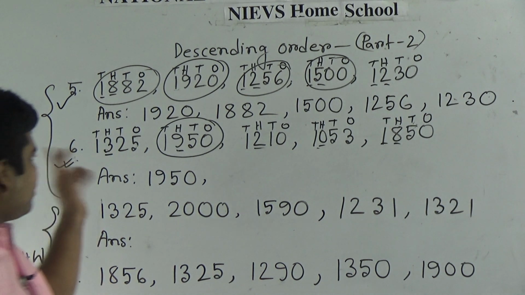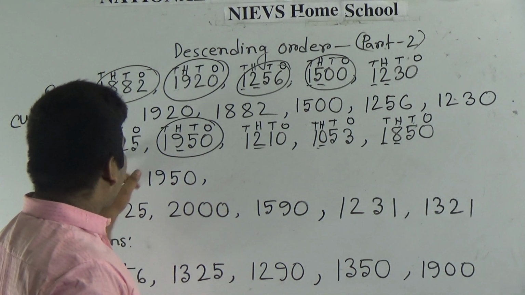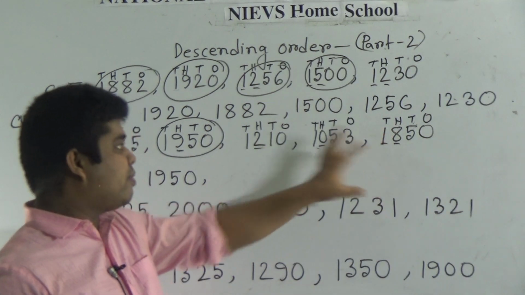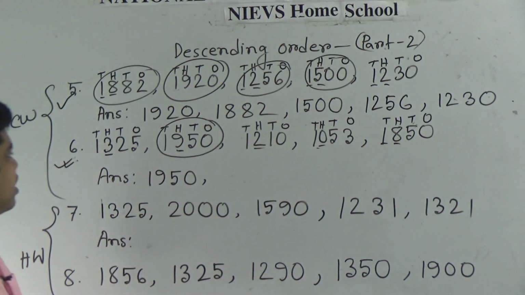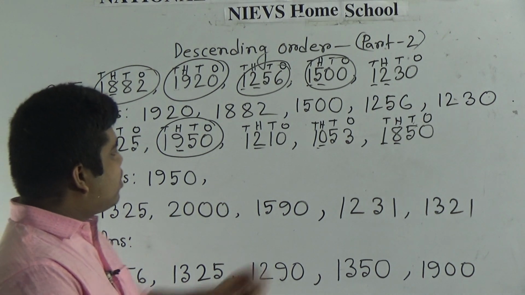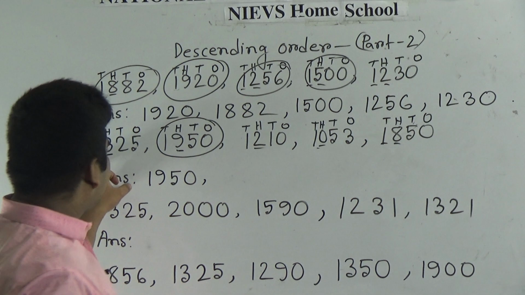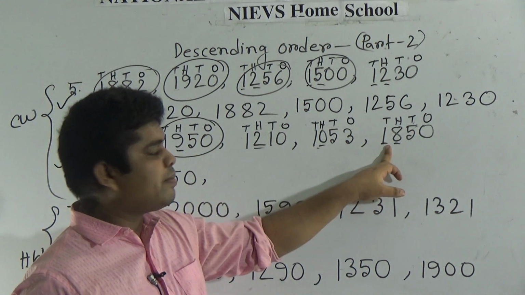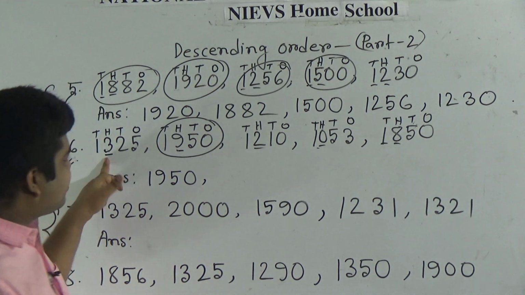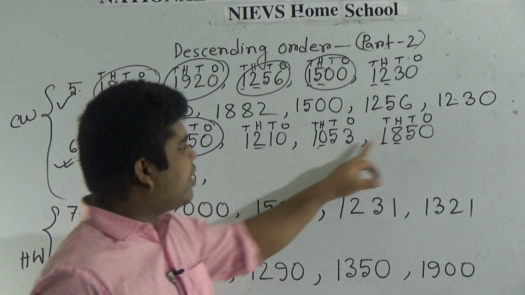Now, left are 4 numbers. From these 4 numbers we can take a decision which number is greatest and which number is lowest. So, which number is greatest? The 1000's place digits are the same, and the 100's place digits are 3, 2, 0 and 8.